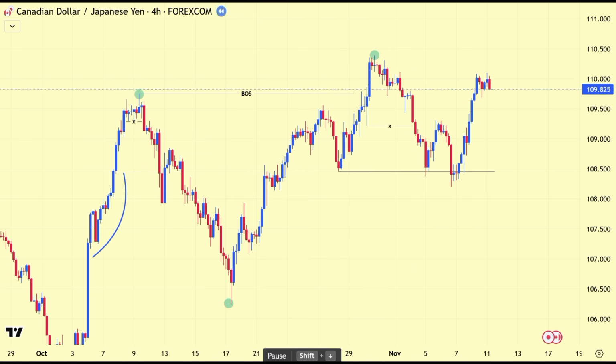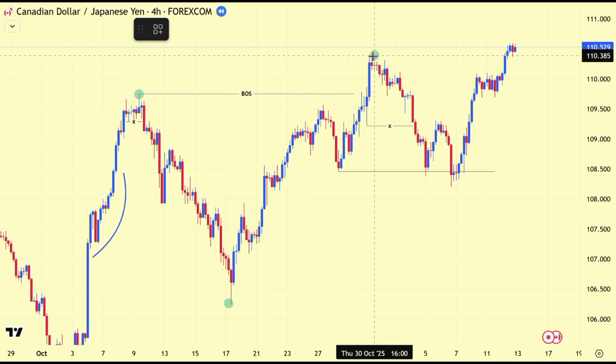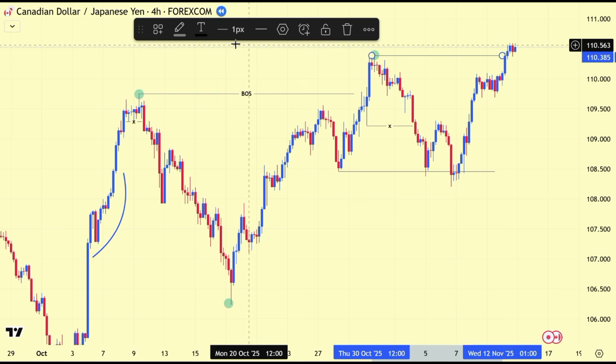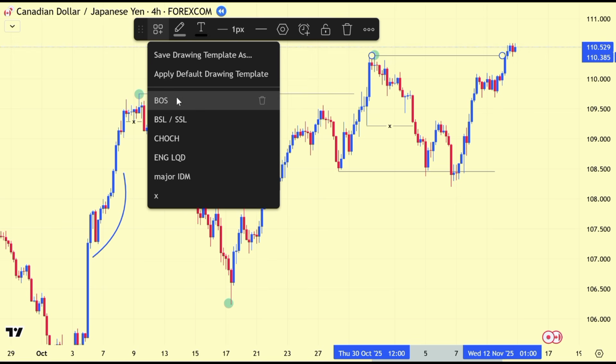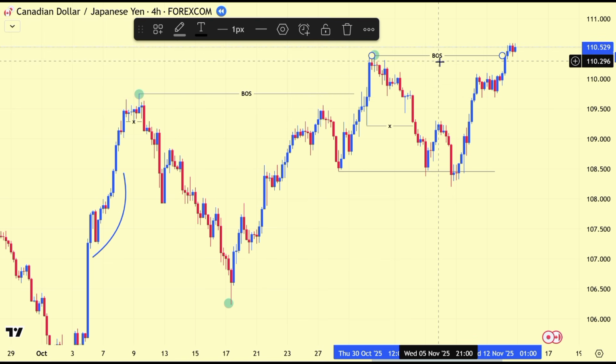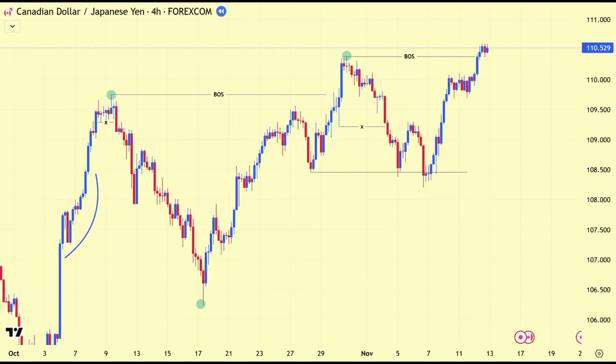And if I continue running price, we can clearly see that price is heading higher, and eventually price made a break of structure exactly right there. So if you have watched my previous video about market structure, you know that I usually confirm this one here as a valid break of structure after price has taken out the inducement.